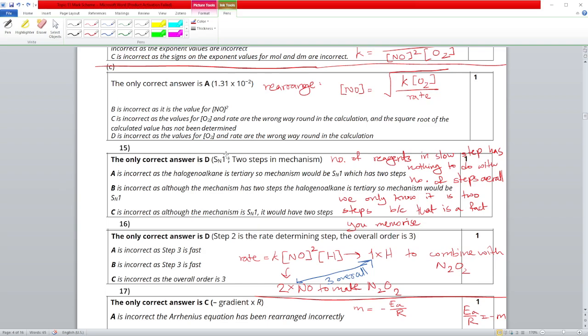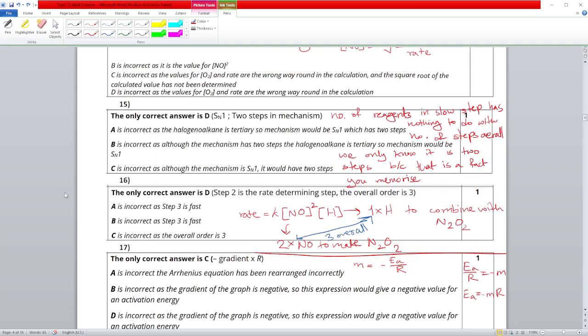We learn that primary will do SN2 and tertiary will do SN1. But just because SN1 and SN2 are the known orders does not mean we know how many total steps there are for every SN1 and every SN2 reaction out there. We only know that it's 2-step for this particular pair. The SN1 of the halogenoalkane, we know, is 2 steps because we learned the steps.